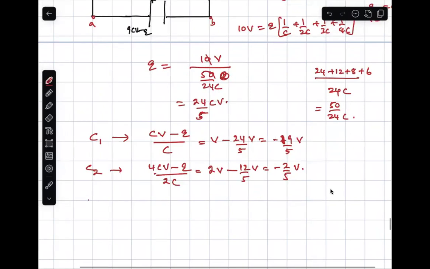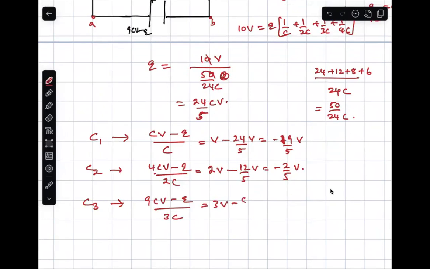Right. C3. 9CV minus Q by 3C. 3V minus one third of that, 8V by 5. Now 15 minus 8. 15 minus 8 is 7V by 5.